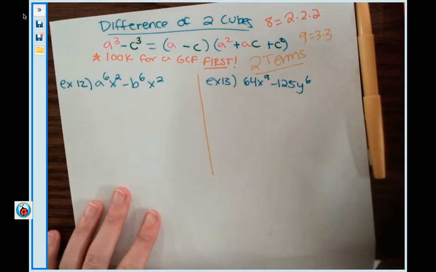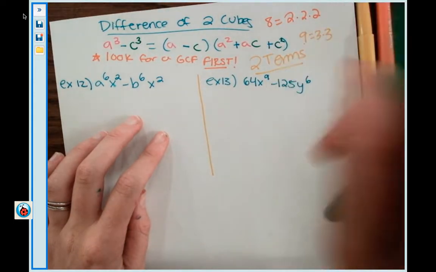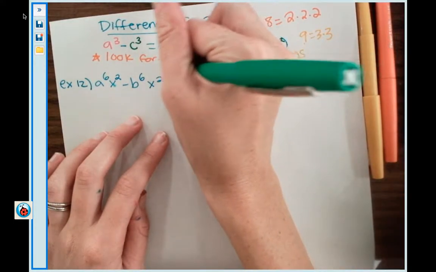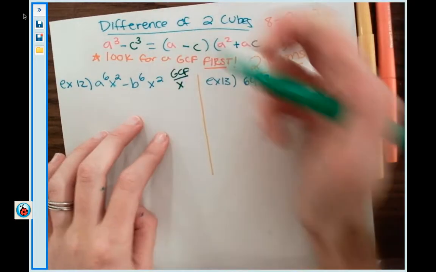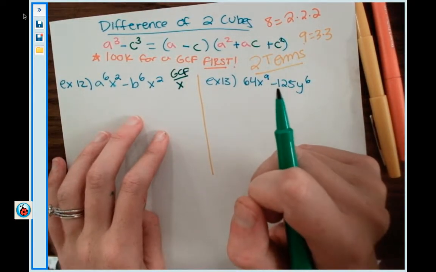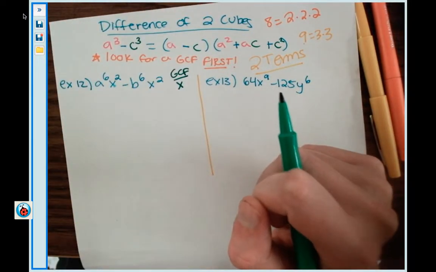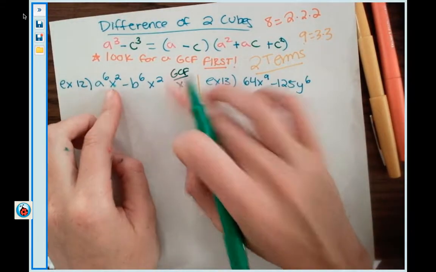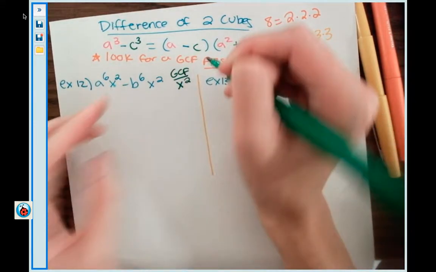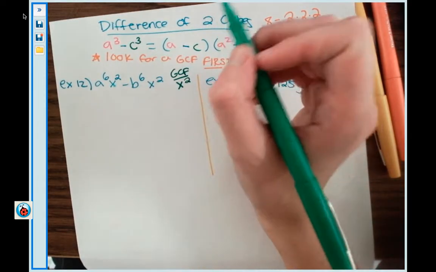So the GCF in this one will be x for sure. Remember, I need to grab the largest amount of x's and the same amount of x's from each term. They both contain two x's, so this will just be x squared. I can pull 2 from each.